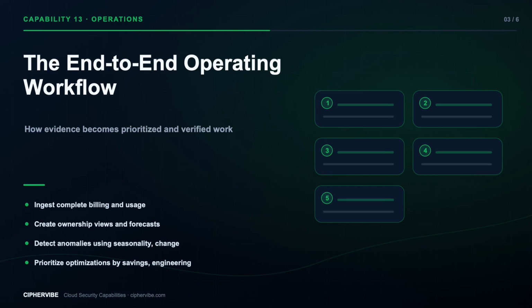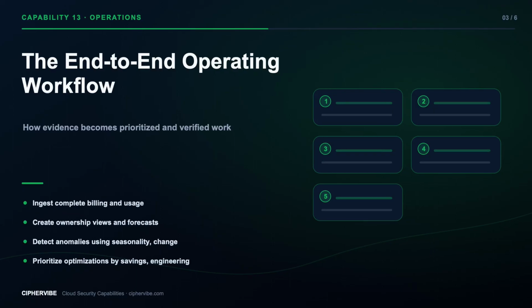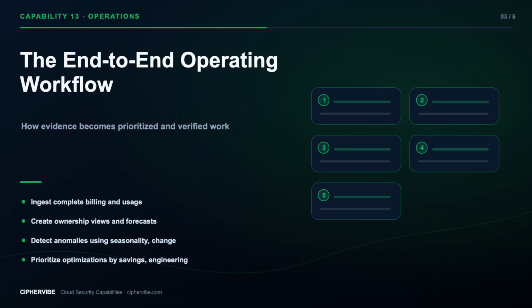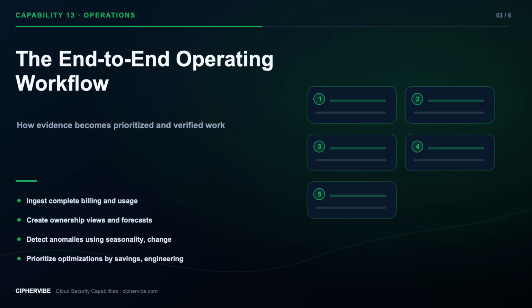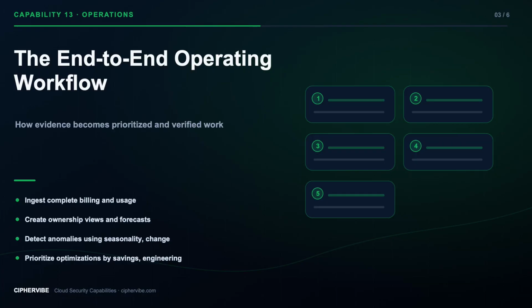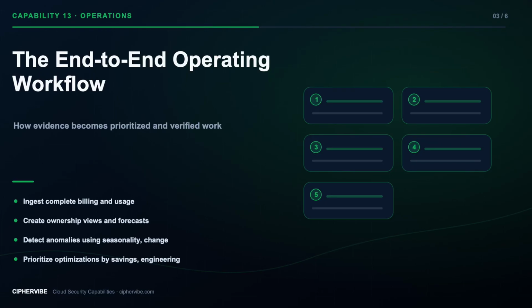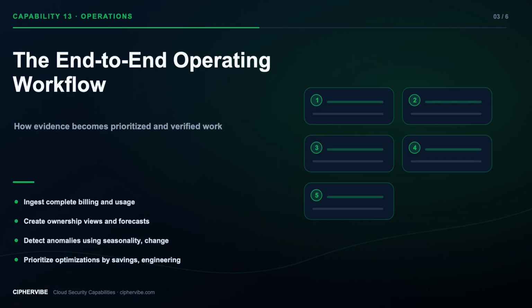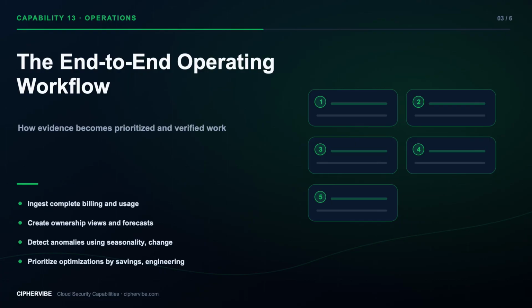Third, detect anomalies using seasonality, change events, resource context, and accountable thresholds. Fourth, prioritize optimizations by savings, engineering effort, reliability, security, and contractual constraints. Fifth, verify realized savings and monitor whether cost, performance, resilience, or security regress afterward.